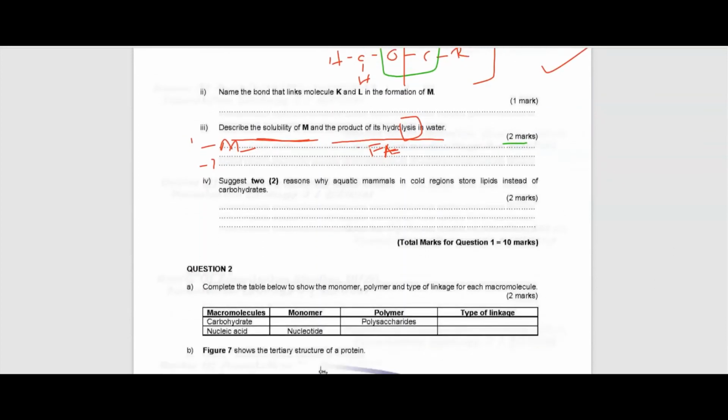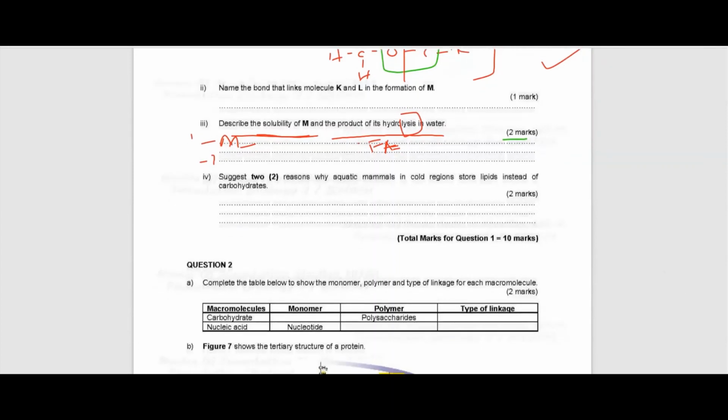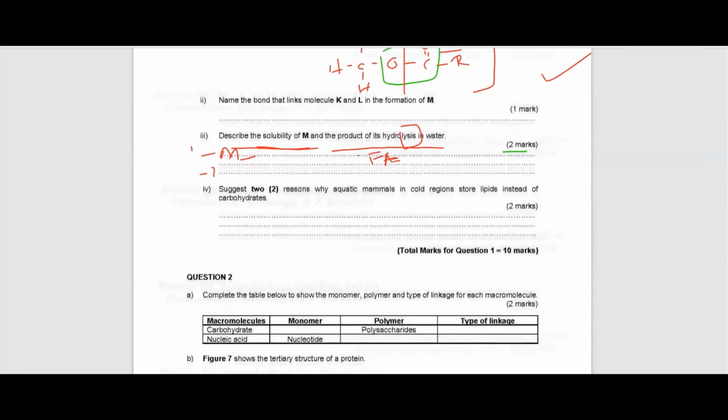Number 4, suggest 2 reasons why aquatic mammals in cold regions store lipid instead of carbohydrates. Example of aquatic animals that live in really extreme temperature, in really cold areas where the surrounding temperature is really cold.